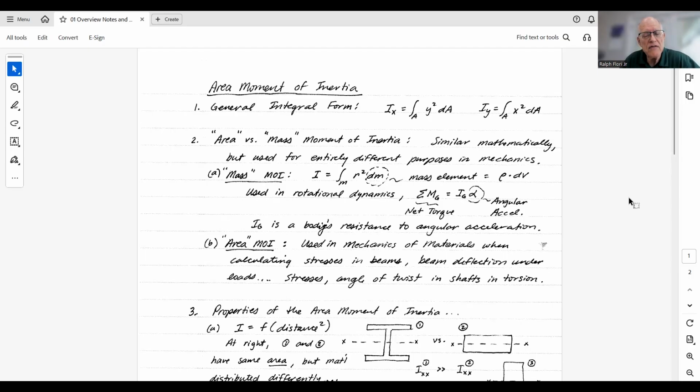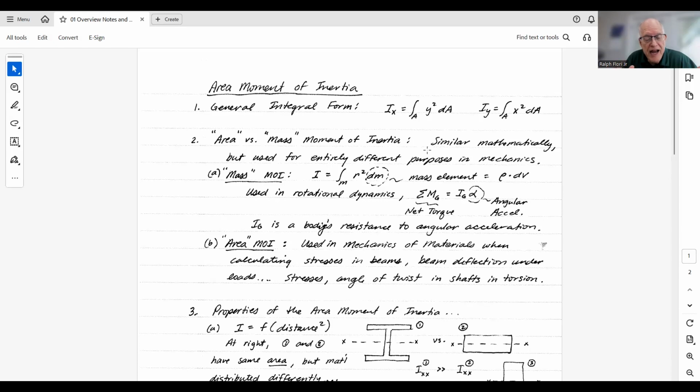So again, area moment of inertia is a function of the area, but it's a function of the distance squared of that area from the axis of interest. We'll say more about these integrals soon. In this class, we're mostly talking about area moments of inertia, which are used commonly in mechanics of materials.